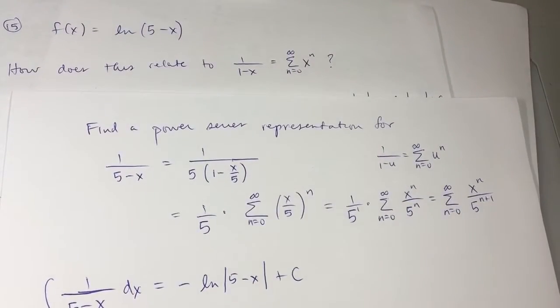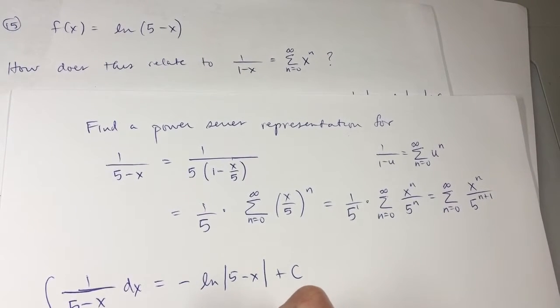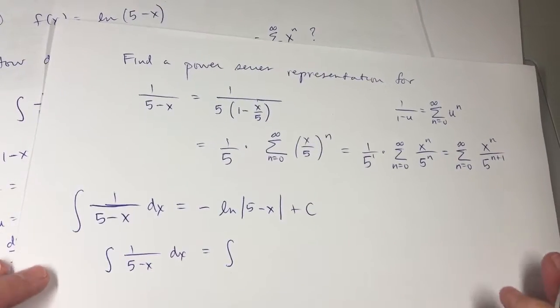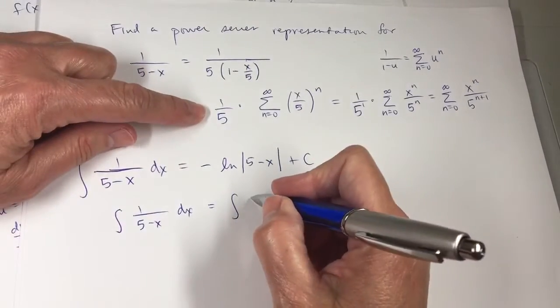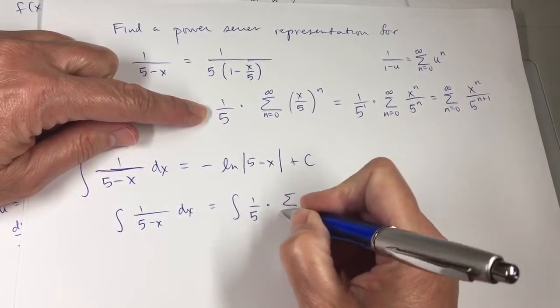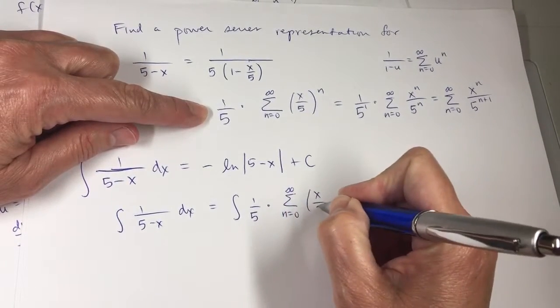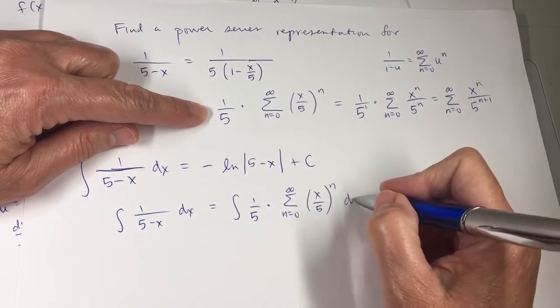And I know that the integral of 1 over 5 minus x dx, I could say that's the integral of this power series. So 1/5 times this summation, n goes from 0 to infinity of x over 5 to the n dx.